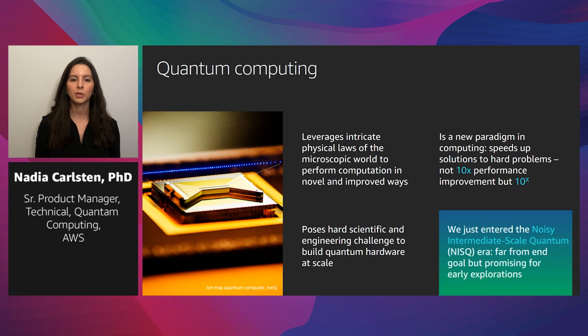But currently, we are still in what is referred to as the NISQ era, noisy intermediate scale quantum computing. And NISQ devices are limited in two ways. They have limited size, measured in terms of number of qubits, and this affects the size of the problem or the computation a device can perform. But they're also limited when it comes to the quality of the results. Noisy emphasizes that we have less than perfect control over these qubits.